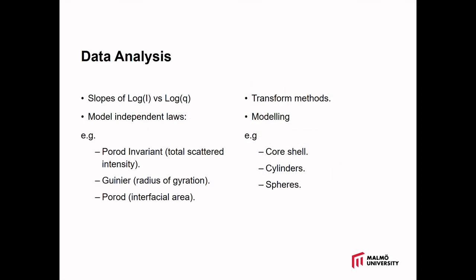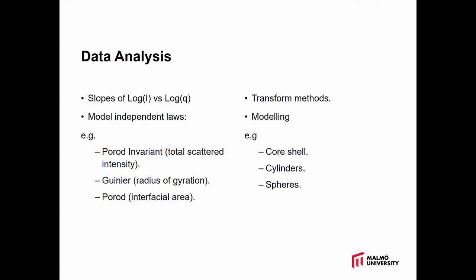So just some broad comments on data analysis of small angle scattering. One can analyse the slopes of the log-log plot, the log intensity versus log Q plot. That gives you some idea of the shape of the scattering objects. There are some model-dependent laws about scattered intensity.